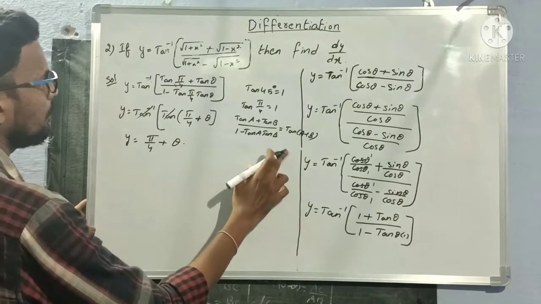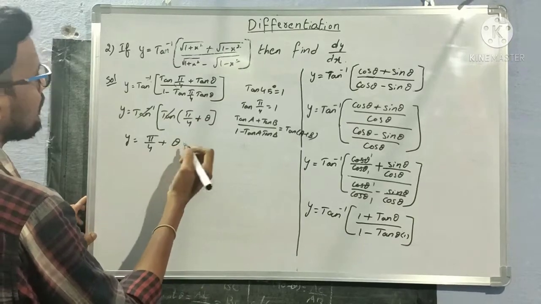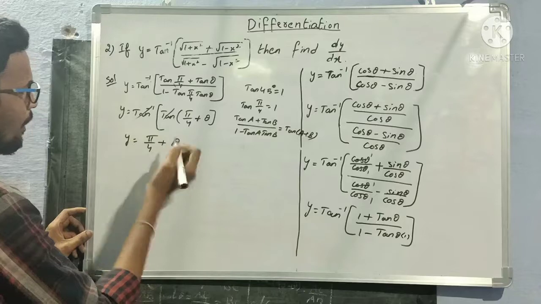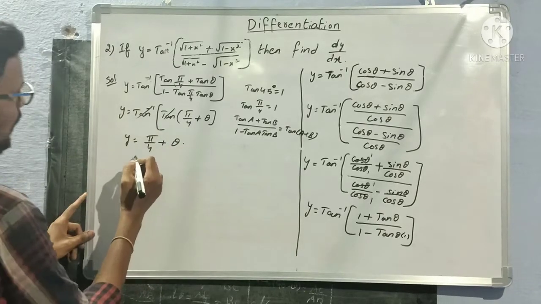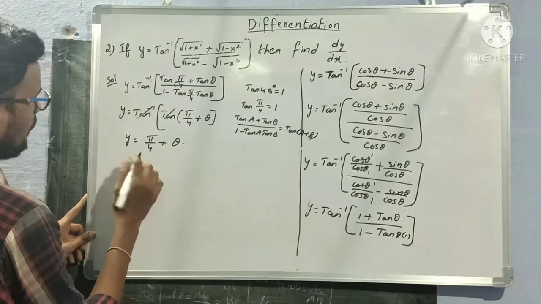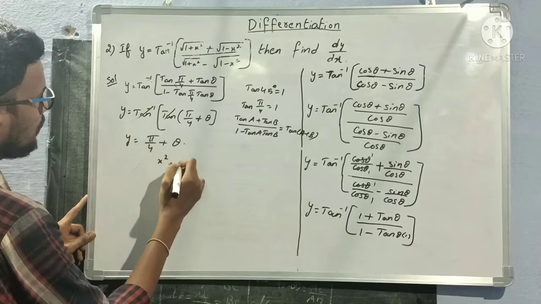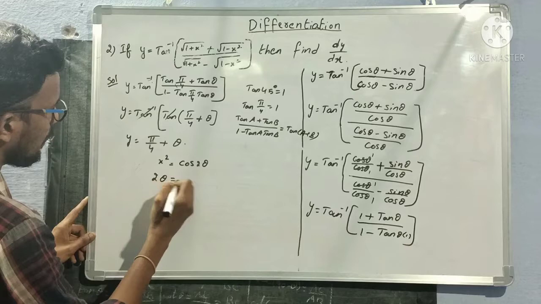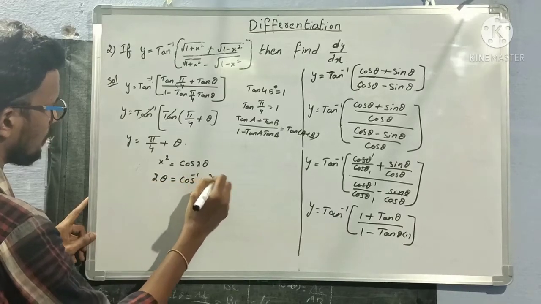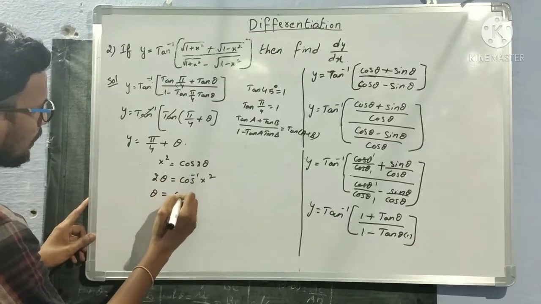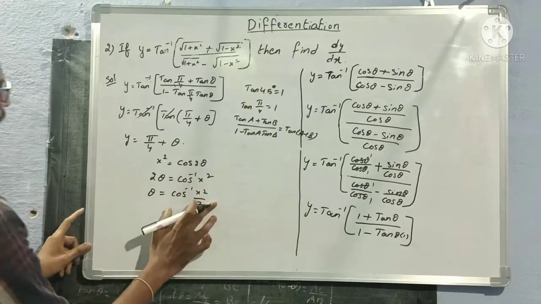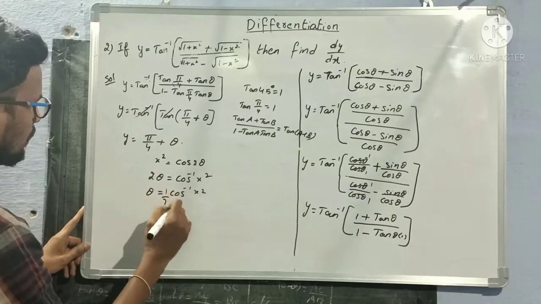So now what I will do is, already I have taken x square is equal to cos 2 theta. So I will find theta from that. So I want 2 theta is equal to cos inverse x square, and theta is equal to cos inverse x square by 2, which is nothing but 1 by 2 cos inverse x square.